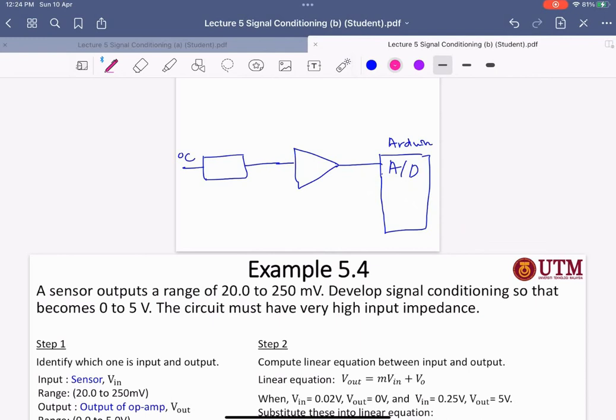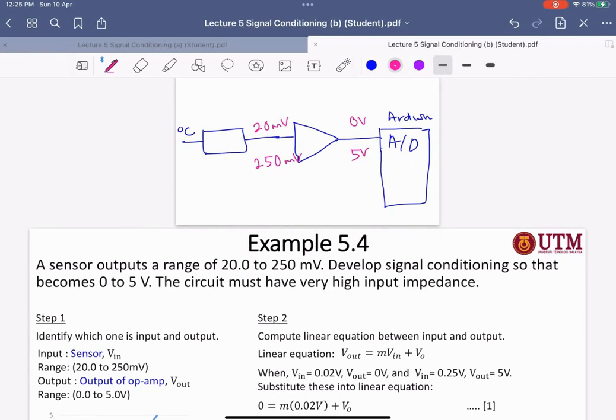The sensor produces an output from 20 millivolt until 250 millivolt, and you want the output of your signal conditioning to be between 0 volt and 5 volt. You know what it means, right?